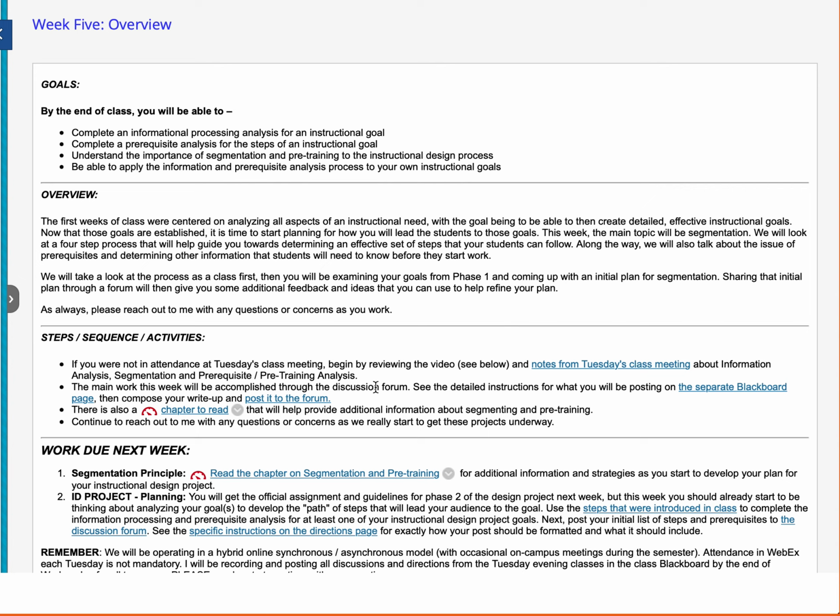And then really the only other work for the week is, if you've got multiple instructional goals as part of your ID plan, take one of those goals and create an outline of the steps that you think are going to be necessary in order to get your students to the goal at the end.